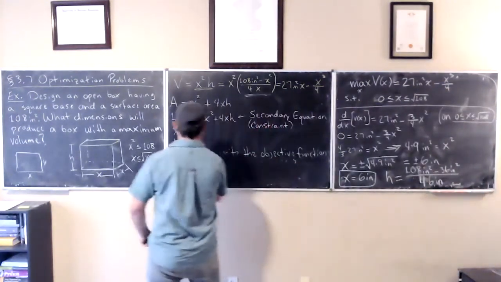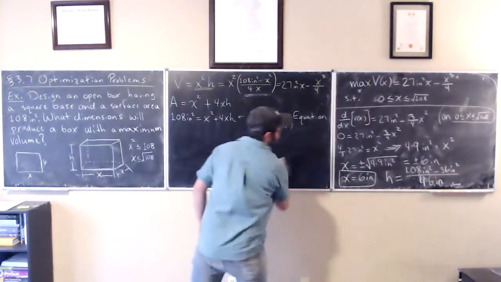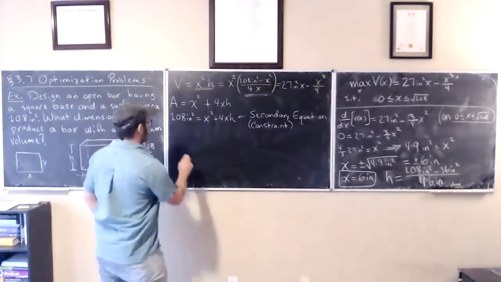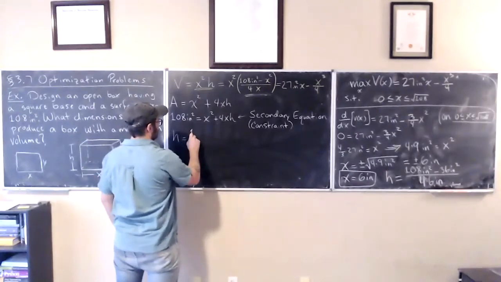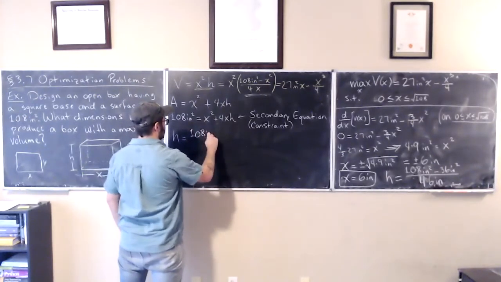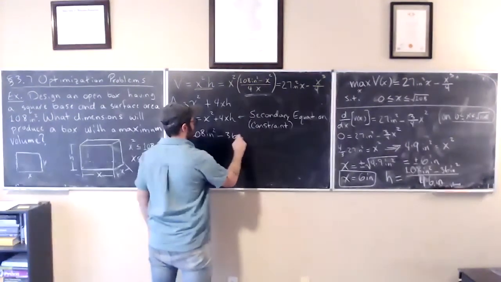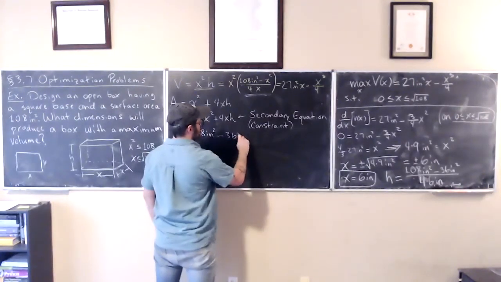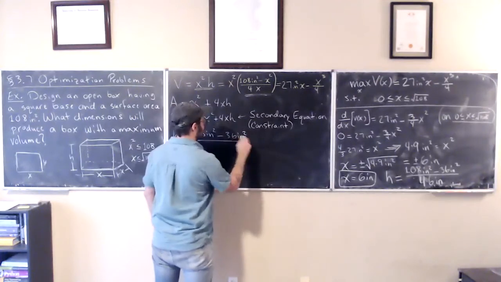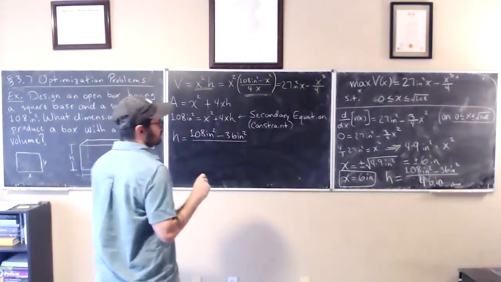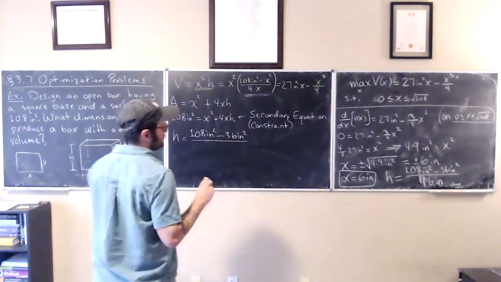So what does that become? 108 square inches minus 36 square inches all over, what is that?